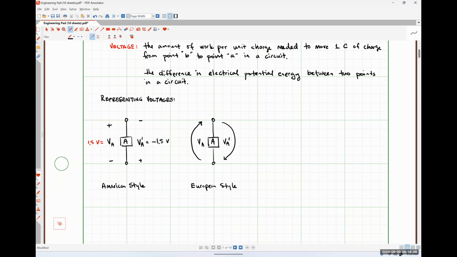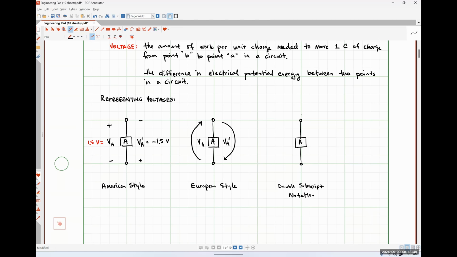The last way of representing voltages that we're going to talk about in this class, and we will use this or a modified version of it in a couple of weeks, is what's called the double subscript notation. So when using a double subscript notation, typically our terminals, our nodes, are labeled.